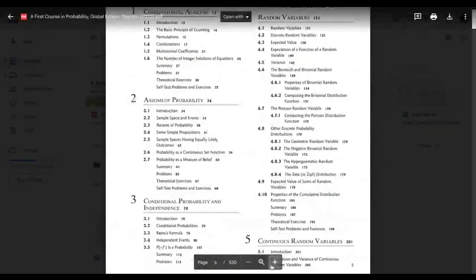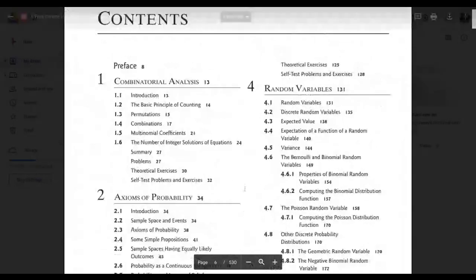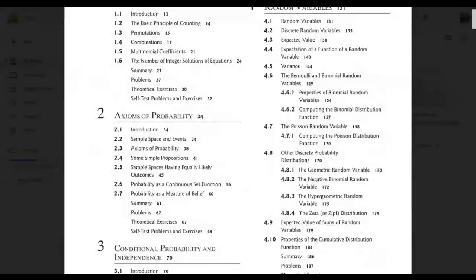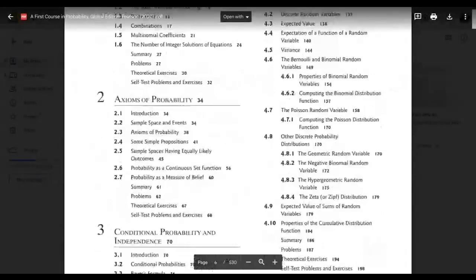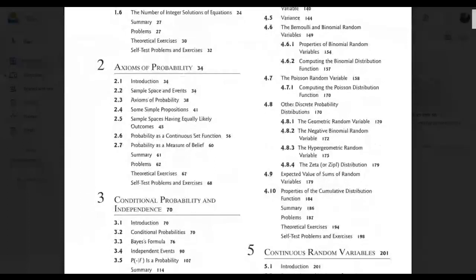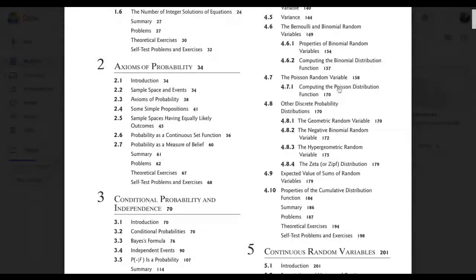I cannot go too slow. Cannot talk about everything. So chapter 4, I need to spend a good amount of time, because we're going to talk about geometric random variables, Poisson distribution. All those are important. Hypergeometric, probably we're going to skip. Negative binomial random variable.